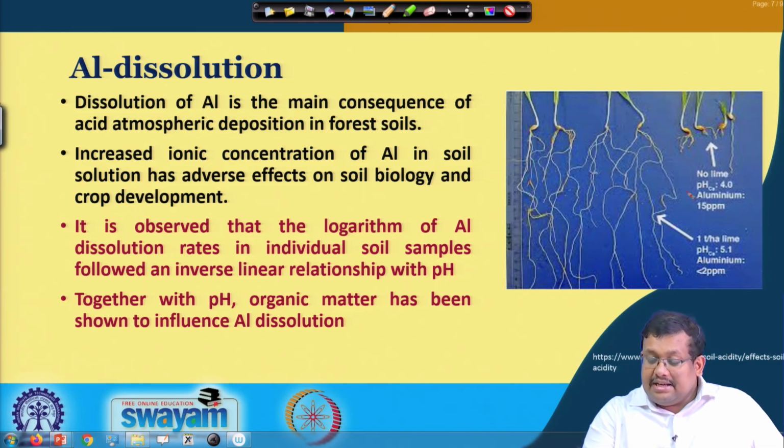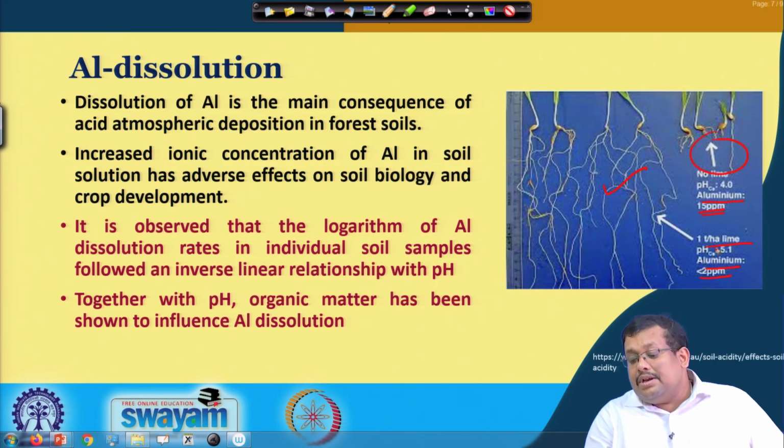As you can see here, these are the roots grown with an aluminum concentration of less than 2 ppm, whereas here the aluminum is 15 ppm. The difference here is that in this case we are applying 1 ton per hectare lime, and here we are not applying lime to neutralize the acidity.